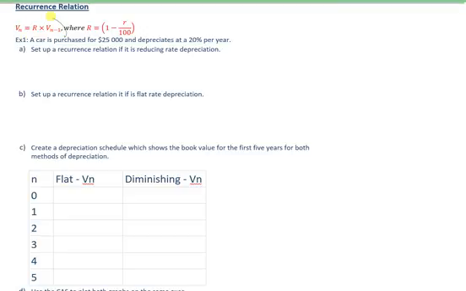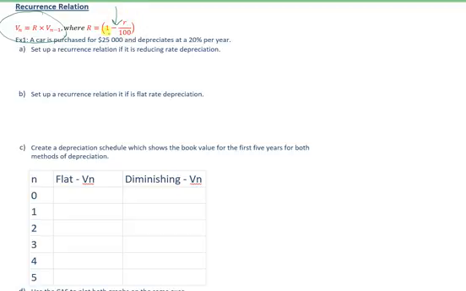So Vn is R times Vn minus 1. Now here's the difference: that compounding factor is 1 minus R over 100. So if we're decreasing by 20%, this will end up being 0.8.